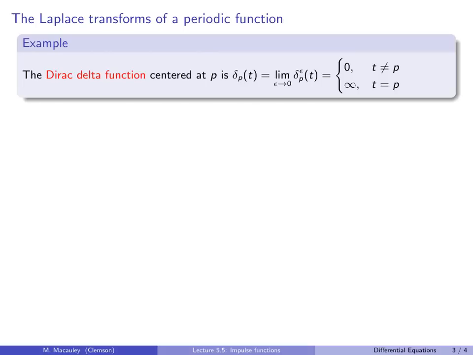So we denote it as delta sub p of t, and it's technically not the limit, but I'm going to say it in quotes because I'm appealing to our intuition. It's the limit of this sequence of functions that I showed you in the previous slide as epsilon goes to 0. And so it's defined as 0 for all points not equal to p, and infinity at that special point t equals p.